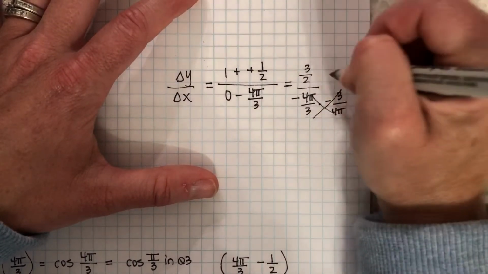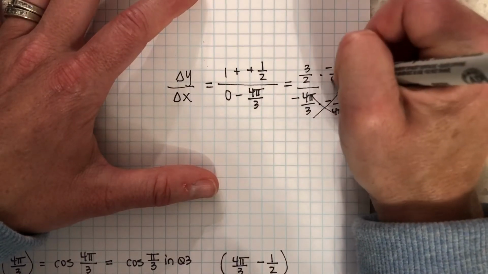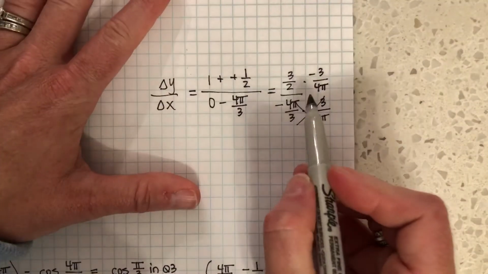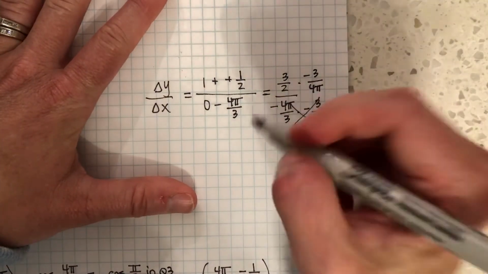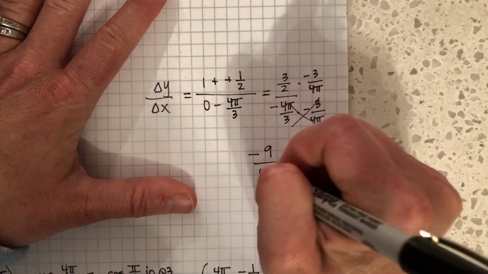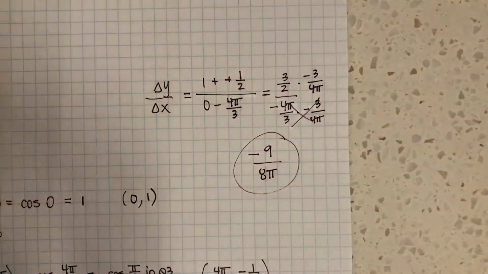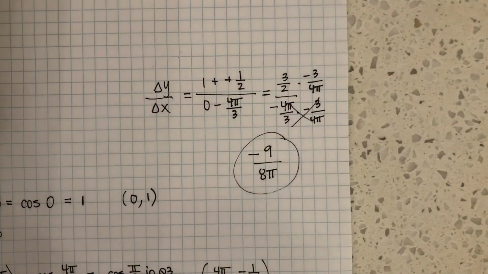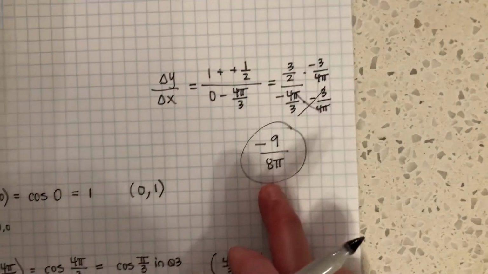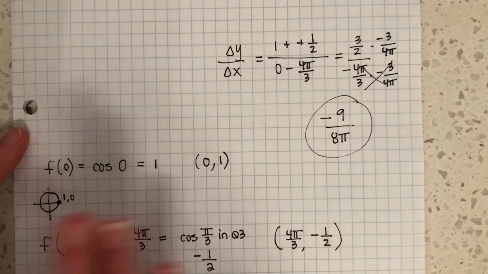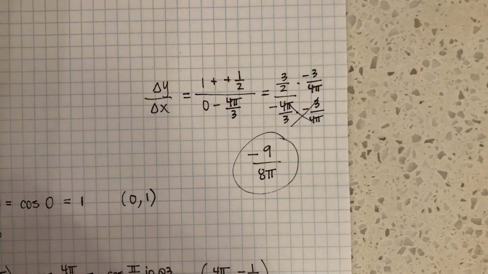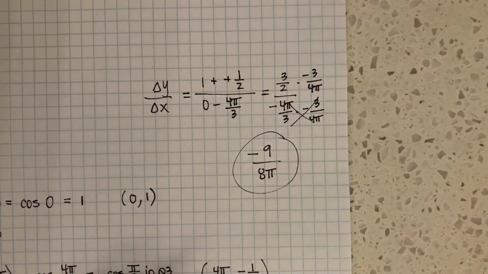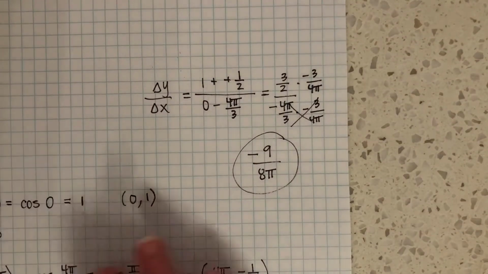Get rid of that. Times by negative 3 over 4 pi, and you're going to get negative 9 over 8 pi. And that's your average rate of change, as weird as that looks. That is your average rate of change on the interval from 0 to 4 pi over 3 for that function, okay? All right, let's do the last example and be done.